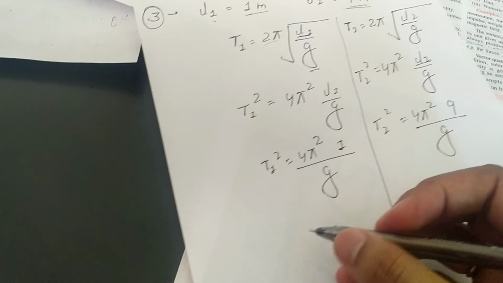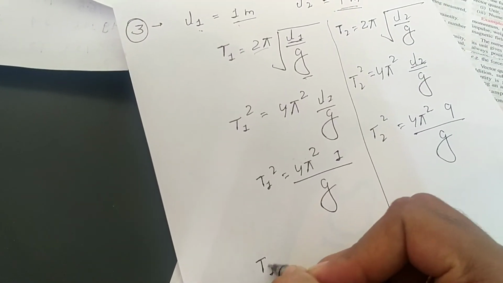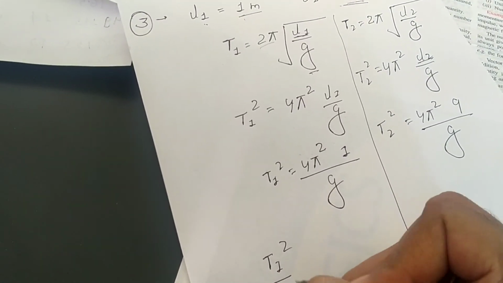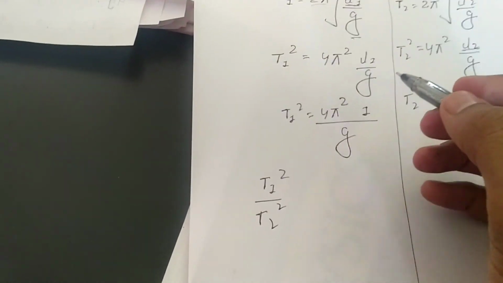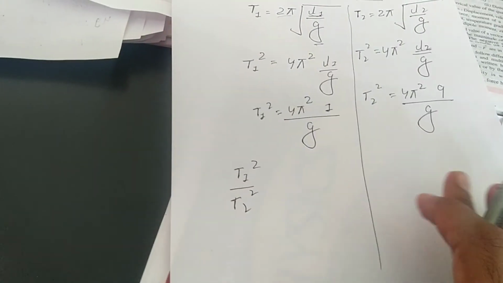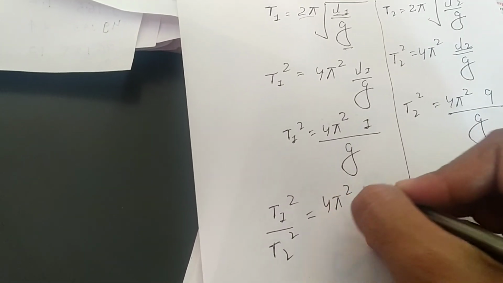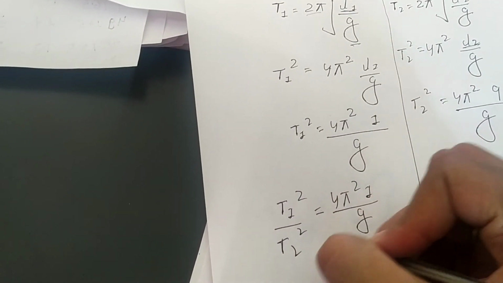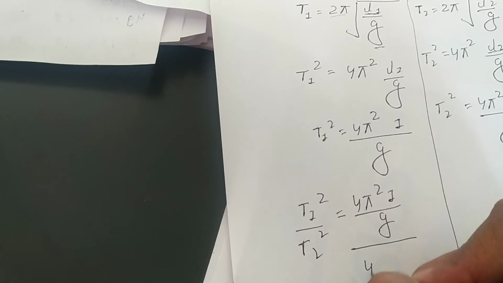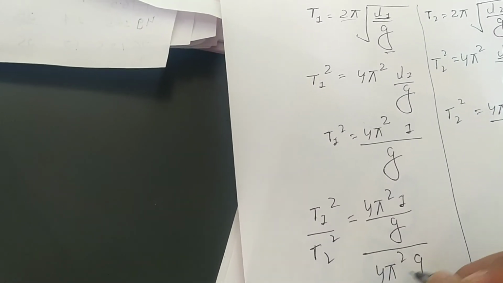Comparing the time period means take out the ratios. So T1 squared upon T2 squared, I'll divide these two, because if you want to take out the ratios you have to divide them. So T1 squared is 4 pi squared 1 upon g, and T2 squared is 4 pi squared 9 upon g. g goes off, 4 pi squared will go off, so it is 1 upon 9. So T1 squared upon T2 squared equals 1 upon 9.